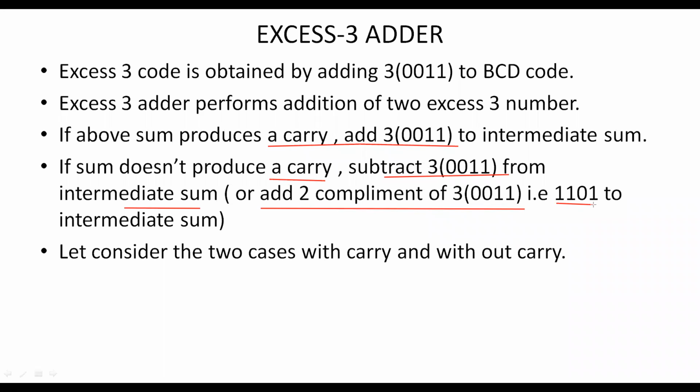But నేను subtraction operation perform చేయకుండా ఏం చేస్తున్నాను, instead of subtraction operation, I am using 2's complement subtraction. 2's complement subtraction ఎలా చేస్తున్నాం, నెంబర్ 3 కి 2's complement find out చేసి ఆ 2's complement number ని intermediate sum కి యాడ్ చేయాలి. That is, instead of performing subtraction, I am directly performing the addition of 1 1 0 1. 1 1 0 1 అంటే 13. That is 13 is added to the intermediate sum.